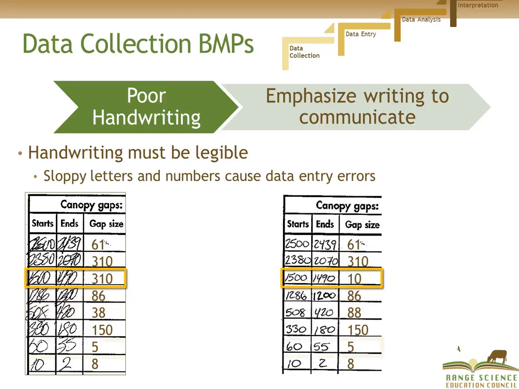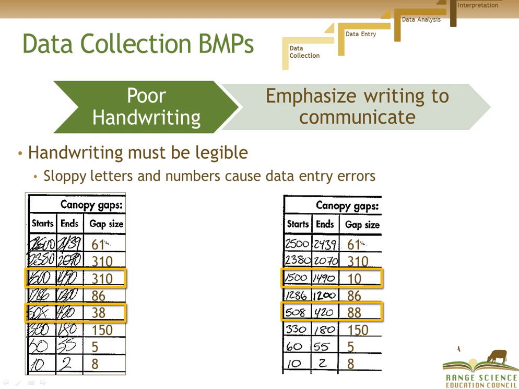And we can see highlighted here a couple of examples where the interpretation is different because of these handwriting errors. Instead of being interpreted as 1500 that we see over here, this number was interpreted as 1800. Similarly, instead of 420, this number was interpreted as 480.